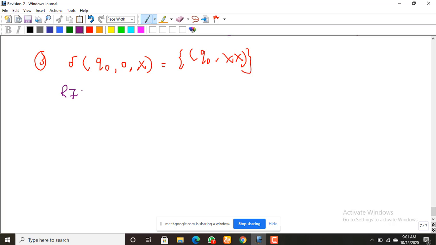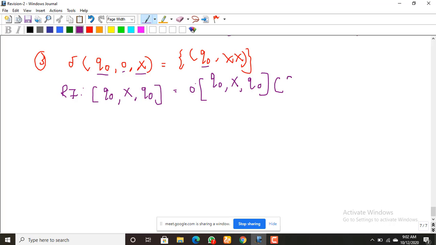So rule number 7. Again it starts with Q0, this X. This is about the Q0 case, so it starts with 0, the input alphabet for this production rule. Here it starts with Q0 for this X case, and this is the Q0 case. It starts with Q0, so it ends with Q0, so it also starts with Q0.